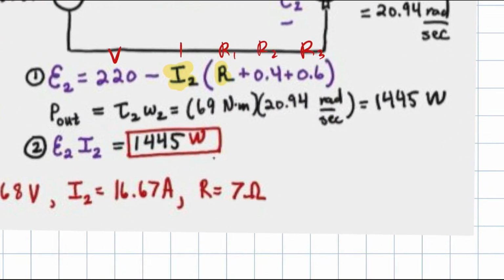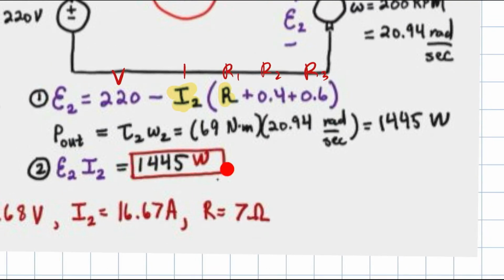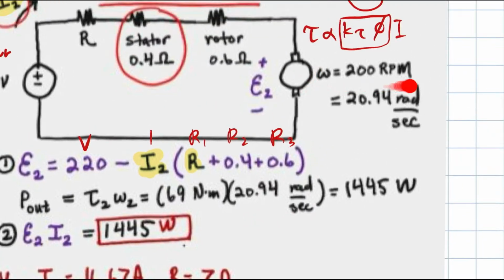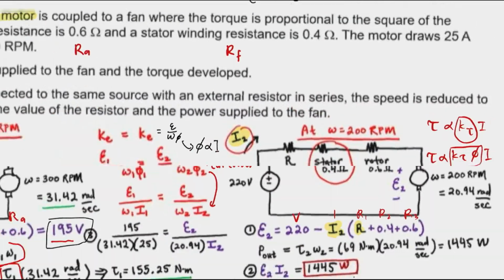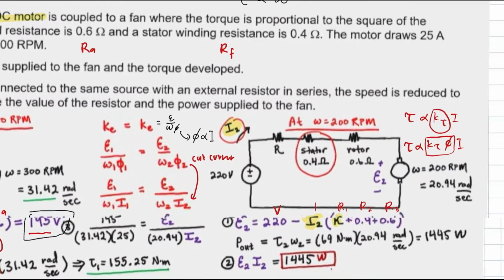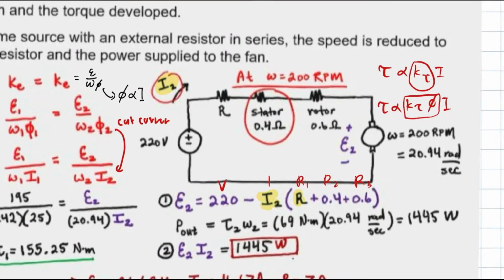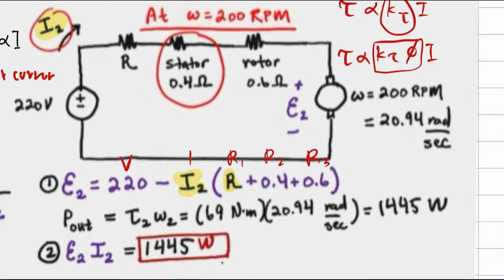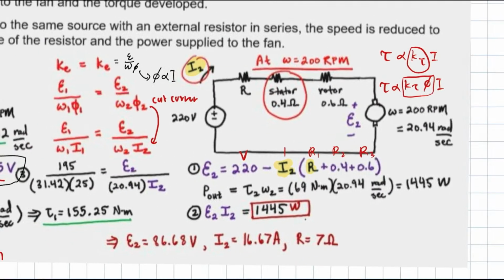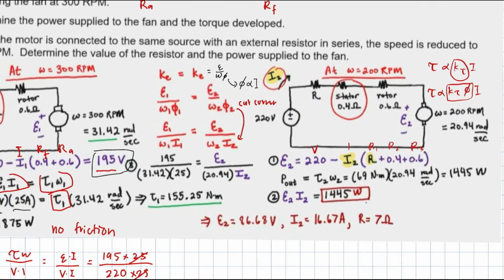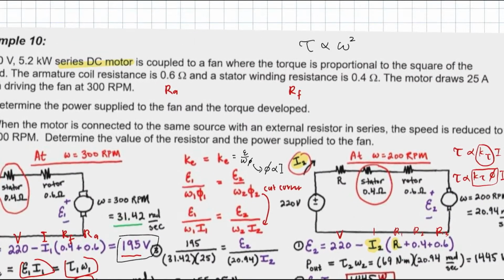Okay, got it. So how we find this is actually using torque times omega. Torque is 69, omega is 2.94. From here, where did the torque come from? Where did you find this torque 69? Wait a moment, thinking how I got this 69. Stated.